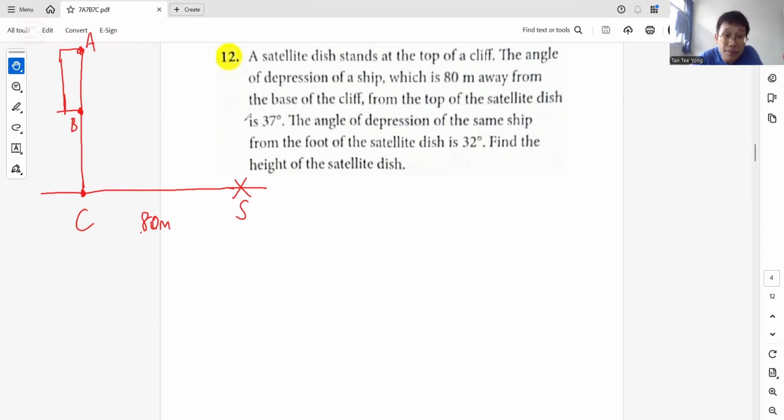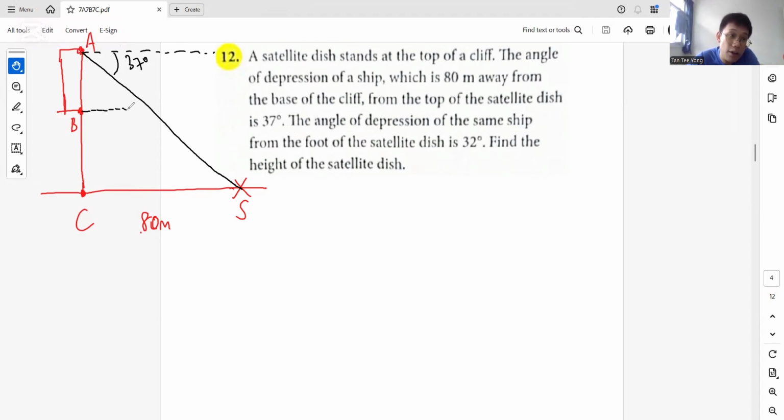Then they say the angle of depression from the top of the satellite dish is 37 degrees. So draw a horizontal eye level line, then draw it downwards towards the ship. This is 37 degrees. The angle of depression of the same ship from the foot of the satellite dish, which is at B, is 32 degrees.